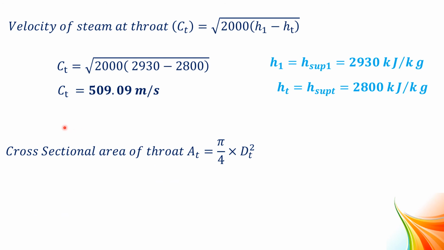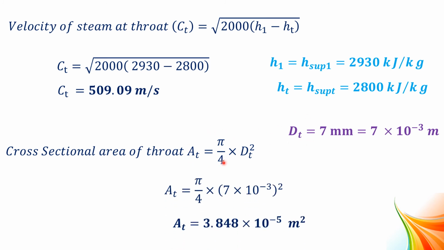Now we have to find the cross-sectional area of the throat, At equal to pi by 4 into dt square. The value of dt equal to 7 millimeter, or 7 into 10 to the power minus 3 meters, which is given in the problem. So now substitute the value of dt in the area equation. We can find the area at the throat, At equal to 3.848 into 10 to the power minus 5 meter square.